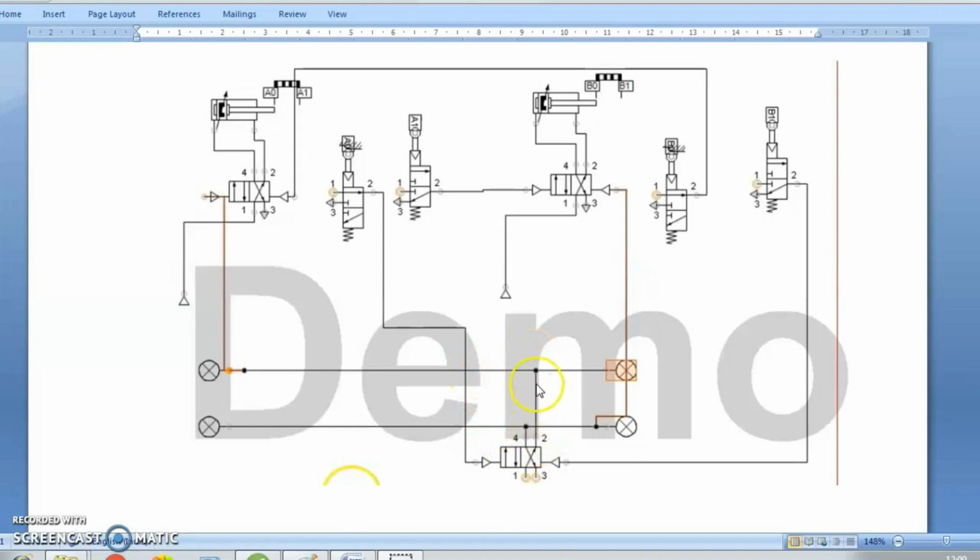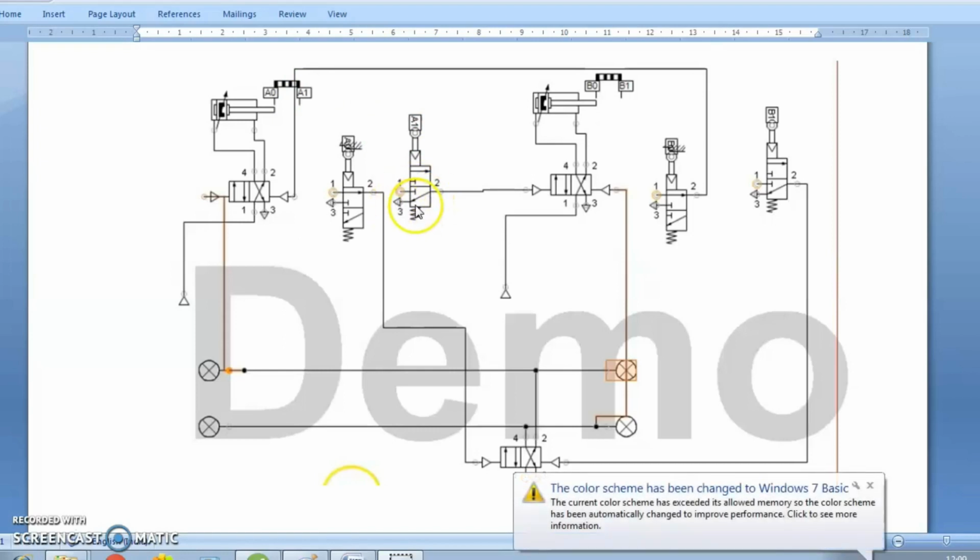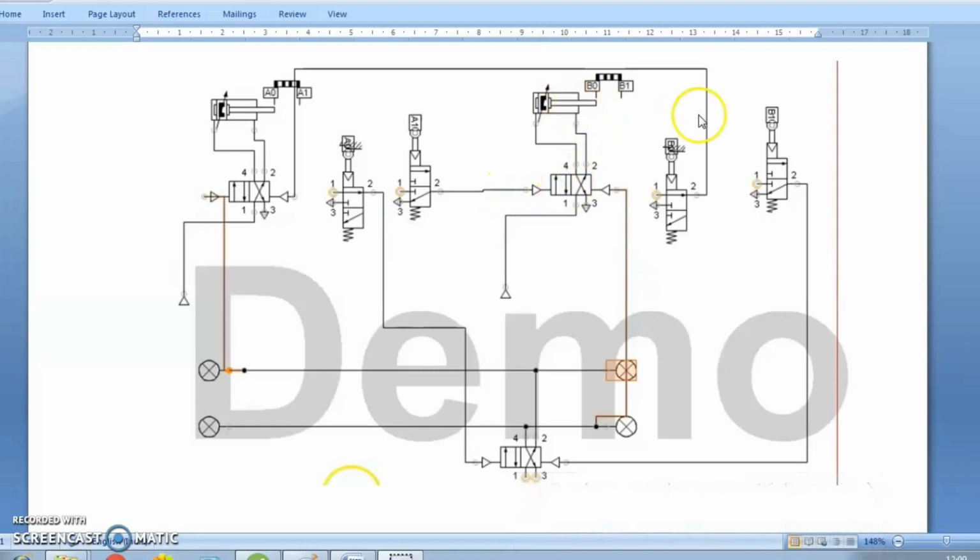I would like to summarize here. The cascade valve is joined to pipeline 1. From pipeline 1 it joins to the DCV of cylinder A, with A0 and A1. It extends, A1 actuates cylinder B, then B extends and actuates B1.